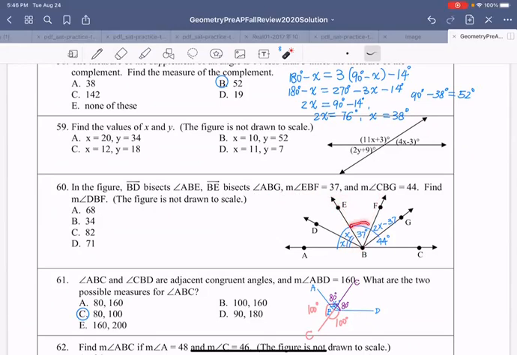Well, we already said this piece is 2x. Now you tell me this is 37. That piece will be 2x minus 37, right? Last condition. Angle CBG equals 44 degrees. All right. Here x, here x. This is 37. This is 2x minus 37. That's 44. Look at this figure. What equation do you want to write?